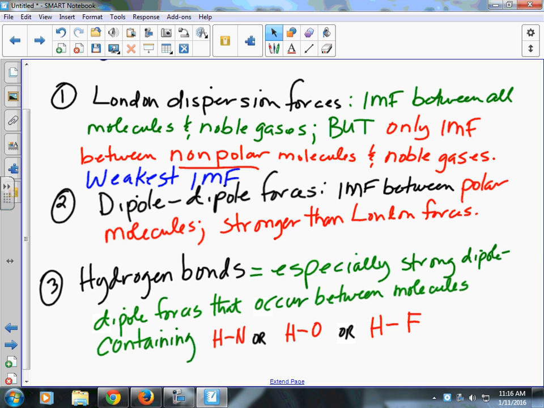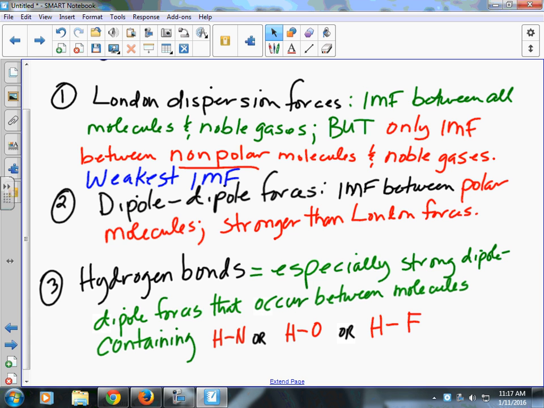So when hydrogen way over there bonds to one of those guys, there is a very unfair tug of war happening. And N, O, or F is going to hog those electrons. And that creates a really, really strong difference in partial charge.